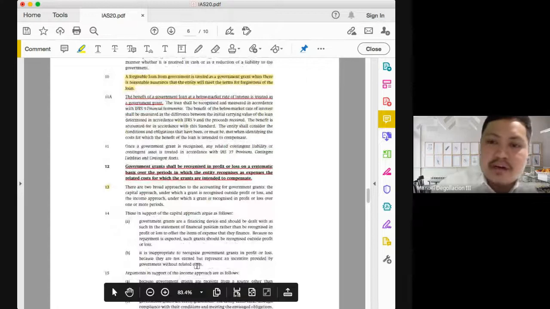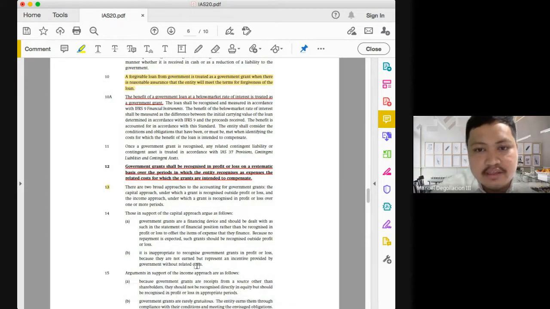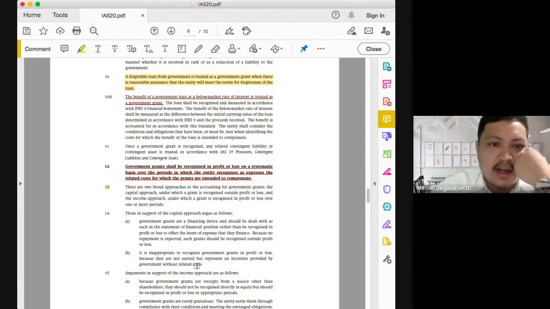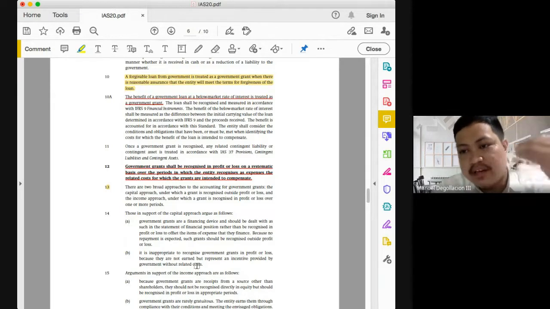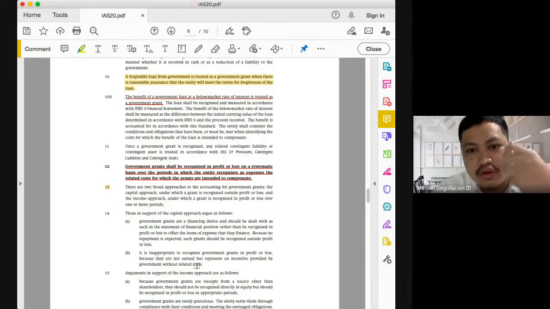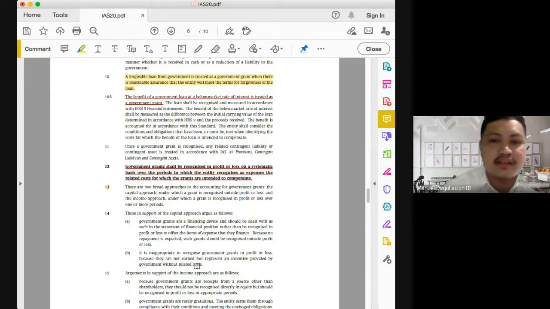The succeeding paragraphs tell us how to recognize the government grants. For assets received or acquired, class, it would definitely be recognized as an asset. But as far as the government grant is concerned, how is it treated? Will it be treated as a reduction to the asset acquired, or will it be treated as an income?